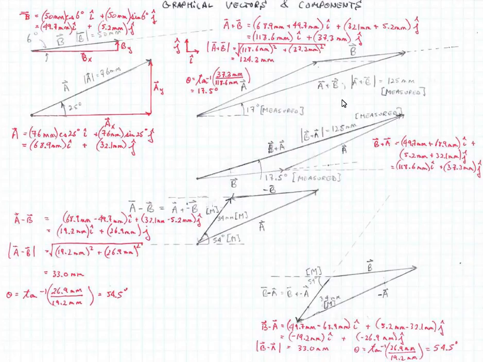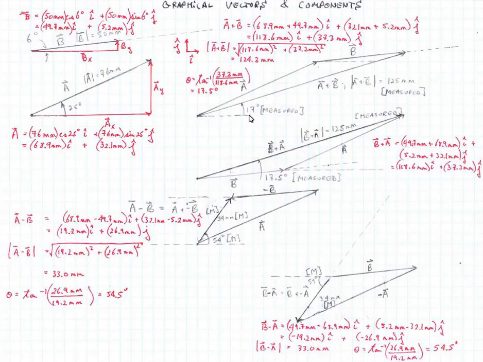Now, when I did the graphical vectors, I actually scaled everything and measured it, and I get 125 millimeters, pretty close to 124.3. So you can get some feeling for the inaccuracies which creep in with graphical vectors looking at this comparison.